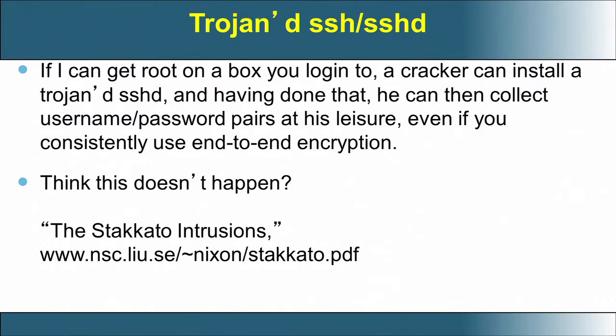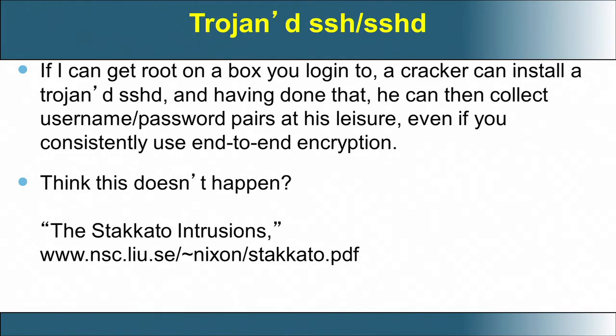Another way by which SSH can fail is that one can have a Trojan SSH or SSHD, the SSH daemon, and this can also leak the password. Though I am doing end-to-end encryption, before the encryption happens I can leak the password.